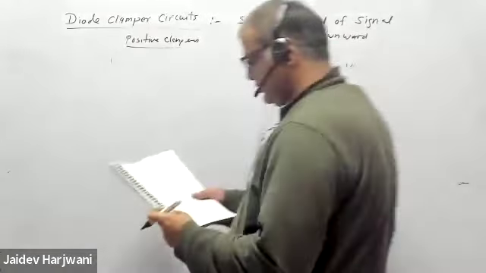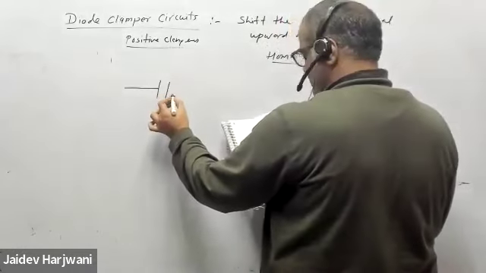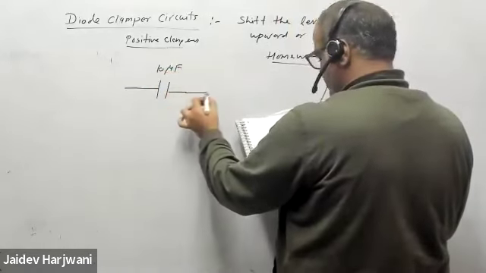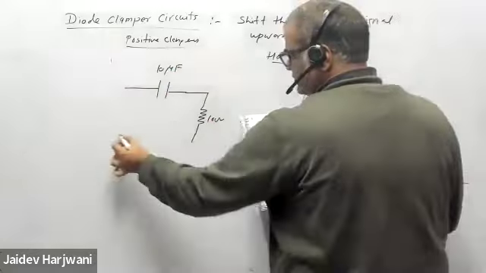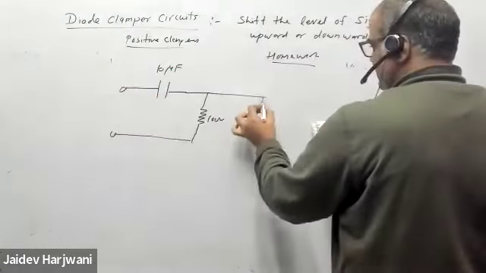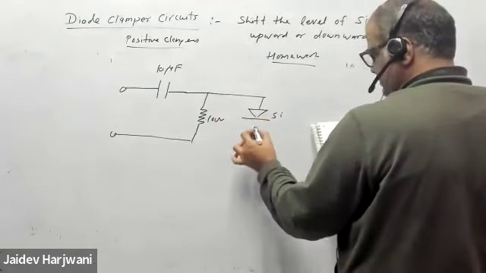So say you have a capacitor here, 10 microfarad. Here say a 10 ohm resistance. See here, this is silicon.